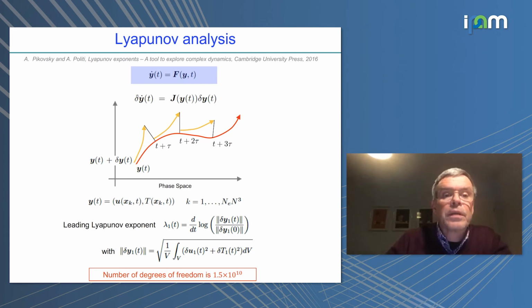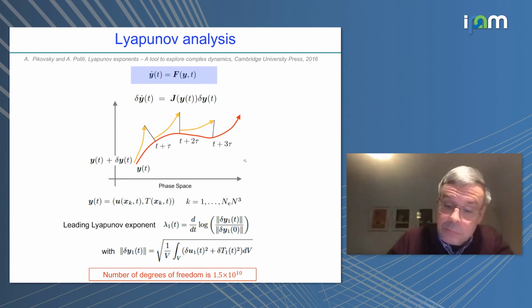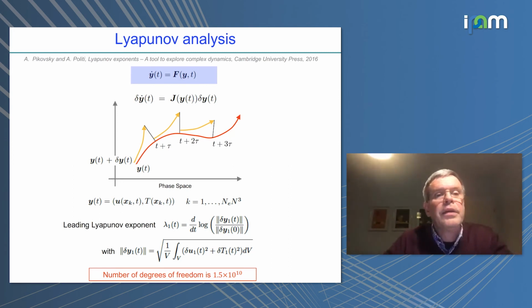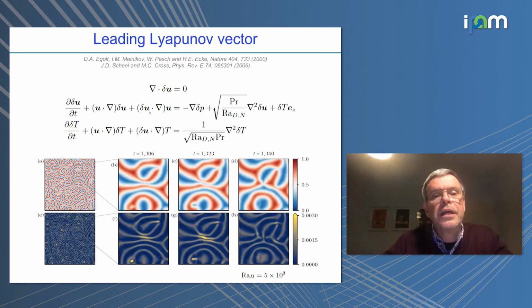So we are basically solving one set of equations for the evolution of the perturbation together with the flow. Okay. So here are the linearized Boussinesq equations. And so we are solving the full nonlinear Boussinesq equations together with this set of linearized equations for our systems at hand.